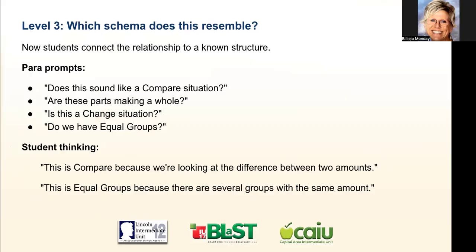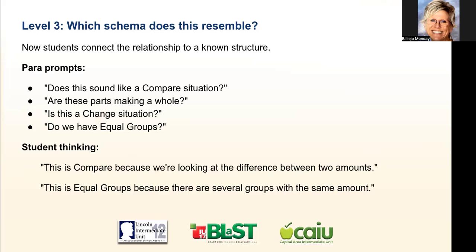That brings us to level three. This is really which schema does this problem resemble? This is the time that students are connecting those relationships to that underlying conceptual known structure. So you might be asking them things like, does this sound like a compare situation?